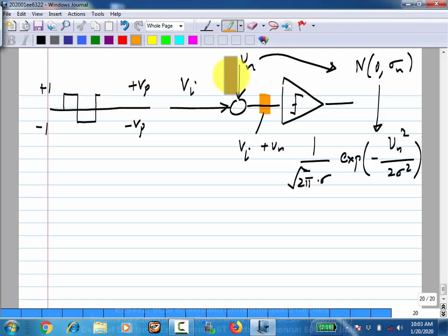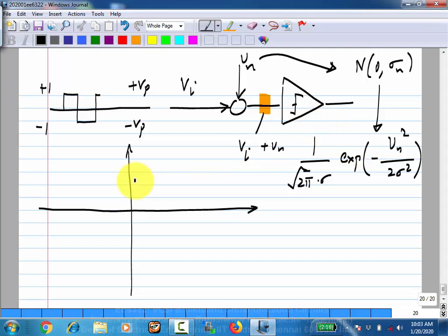Is that okay? That's pretty clear, right? So the probability density function of Vn itself is like this.